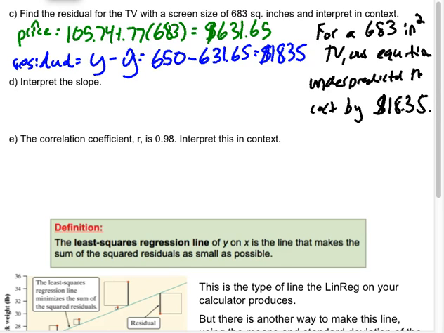What about the slope? Okay, so let's not forget what we did yesterday. So our slope is 0.77. Okay, so what does that mean?